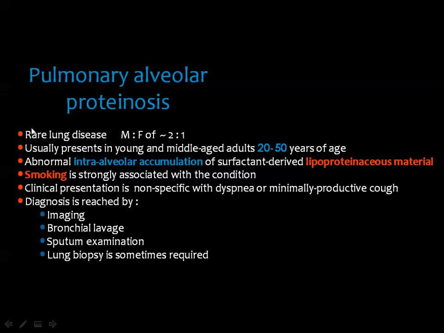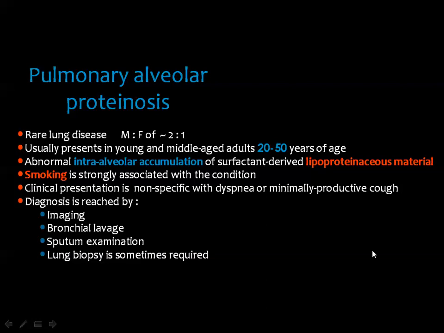This is a rare disease which is relatively common in males compared to females. The age of presentation is relatively young, between 20 and 50 years of age, and the disease occurs due to intra-alveolar accumulation of lipoproteinaceous material, and it is strongly associated with smoking.